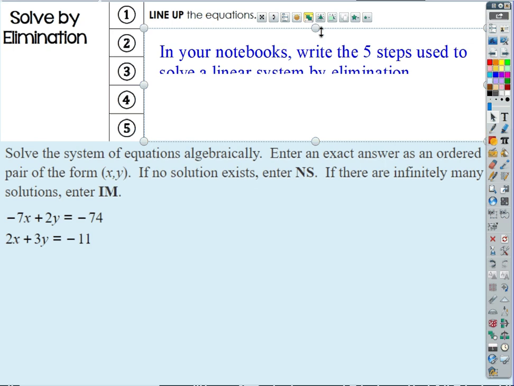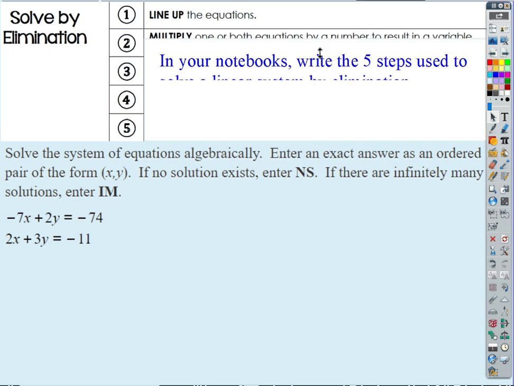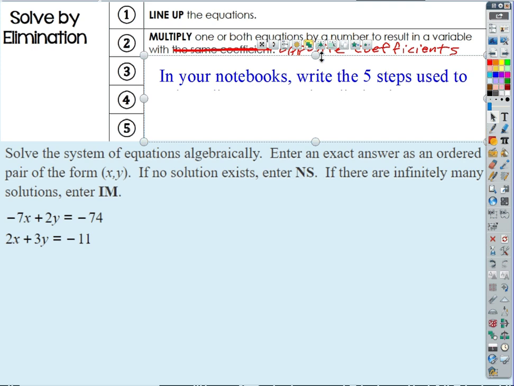Which variable should we get rid of? Y's. We multiply by smaller numbers. Okay, so we want to multiply one or both by something so we can end up with opposite coefficients, right? So what could I multiply the top equation by?